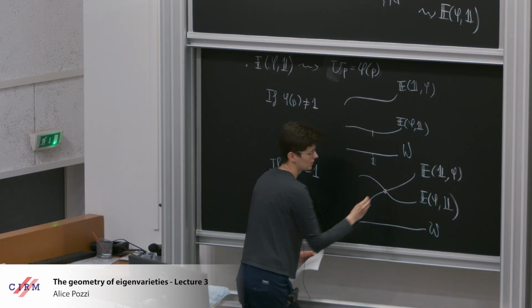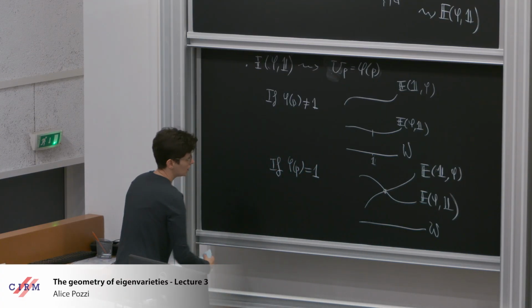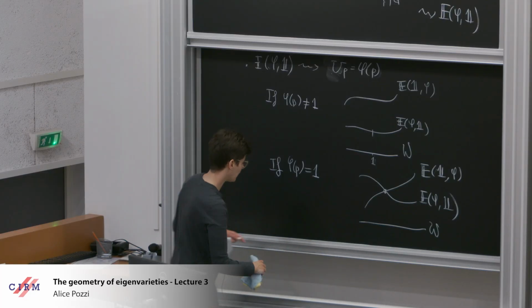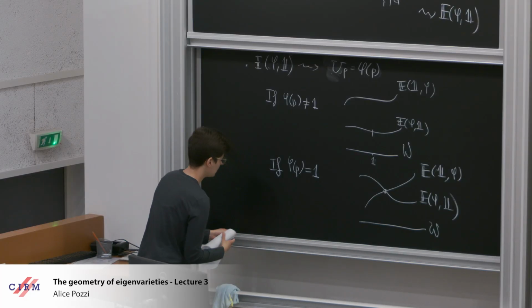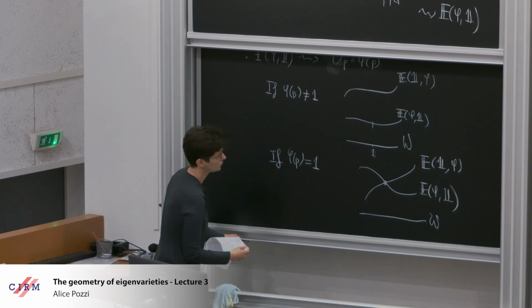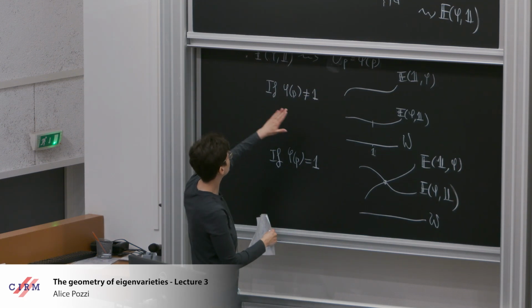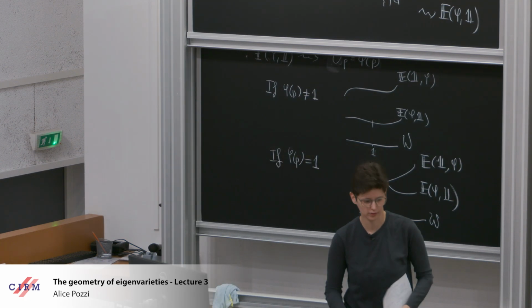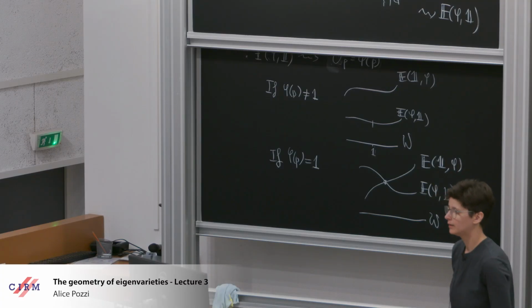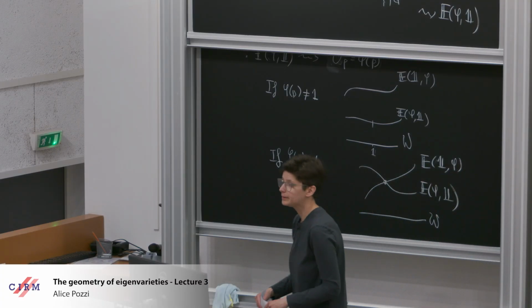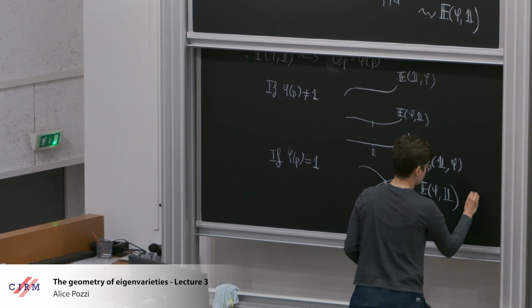Which makes sense in this case, if you think about it. If I take the family, so I can take E phi 1, the weight one. P is prime to n, yes.